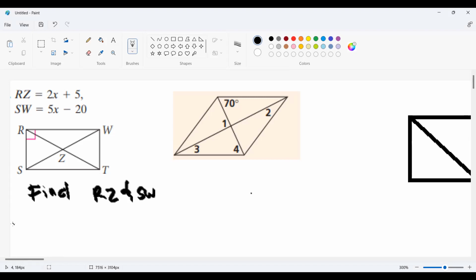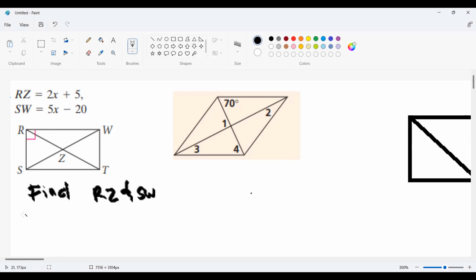We can also apply properties of parallelograms, especially for finding lengths. But in this case, we can also use a theorem for the rectangle. If you still remember, one theorem for a rectangle is that the diagonals of a rectangle are congruent.